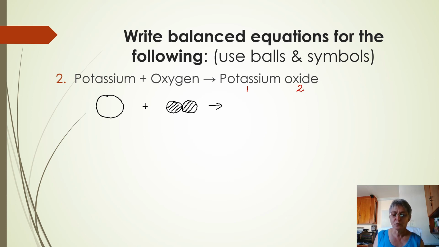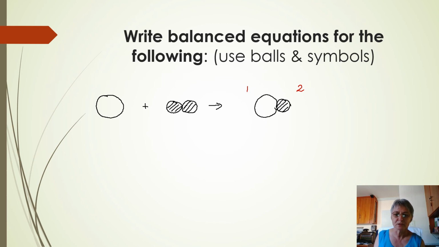In order for us to understand the formula for potassium oxide, I must know that potassium can form 1 bond and oxygen can form 2 bonds. So oxygen can form a bond with 2 potassium atoms. And this is how we represent it in terms of ball diagrams.